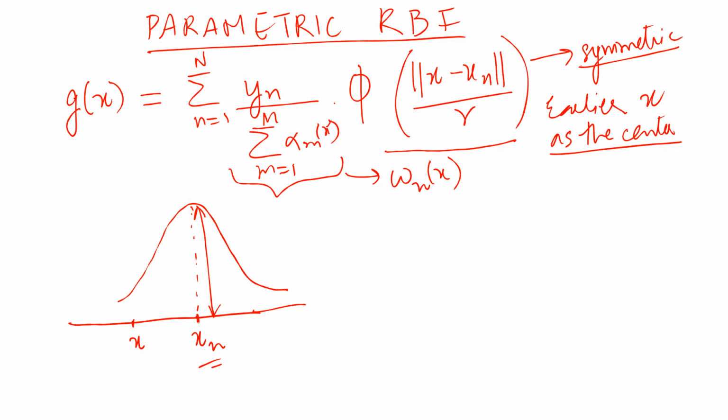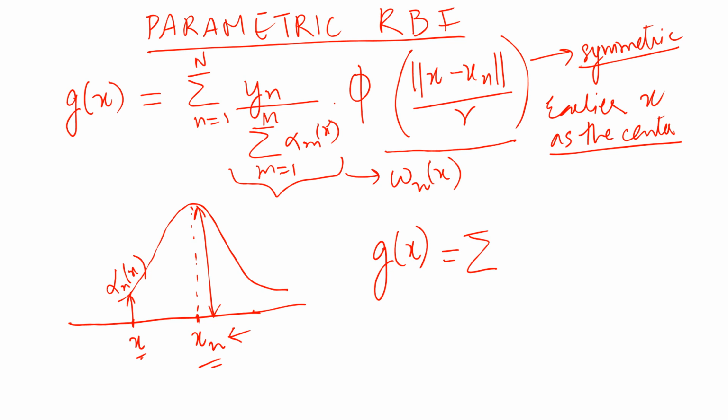So in other words, what I'm trying to say is, this is, let's say again, my alpha n of x, which is the same argument, except that I'm considering this to be the constant and this to be the variable. That's it. And so essentially I'm rearranging things here and saying that my g of x in this case is going to be some weight, because I'm trying to find the contribution of x on xn, right?